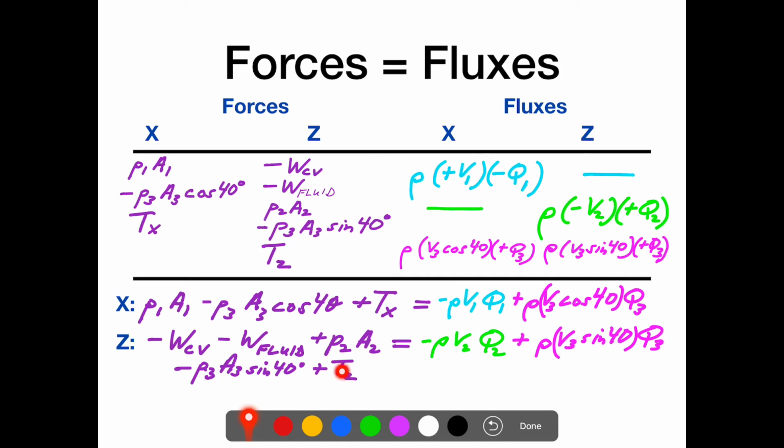In our problem, we don't know the support force, so we can back that out if we plug everything else in. Other problems, maybe you're solving for a pressure, maybe you're solving for a weight or whatever. Okay, just depends on the particular architecture of the problem. Again, the pressures at the control section number 3 for this problem, it's a free jet, so those go away, but I did want you to include them in there to see how they go, okay?